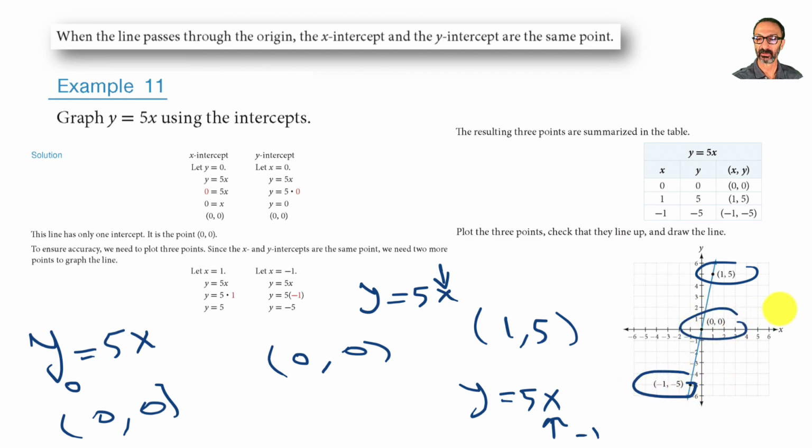So we have the origin and two other points, and that should do it. It's kind of lengthy, but hopefully it was helpful. I tried to show you the full detail from the textbook, so you can stop and pause the video to read if you want.